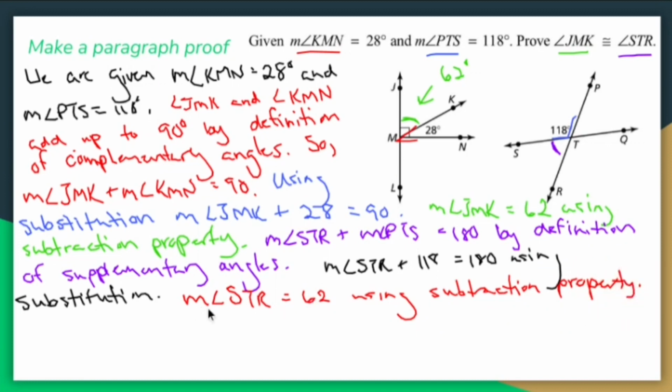Now that I know that the measure of angle STR is 62, and I found out up here that the measure of angle JMK is 62, I can now finally say that JMK is the same as STR.